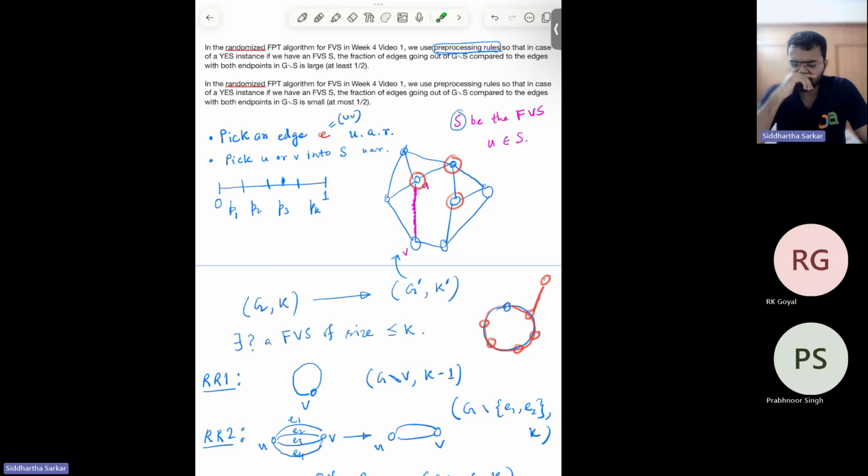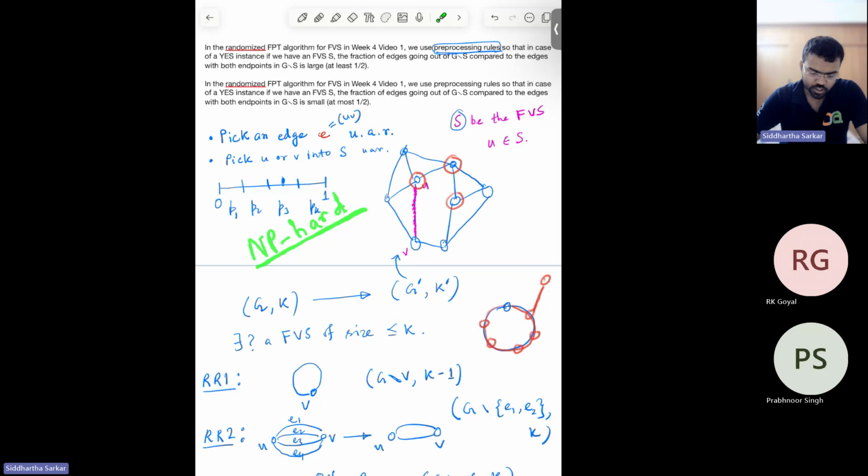So the thing is, whether or not we will get a feedback vertex set by applying the greedy rule is not clear. Since it's an NP-complete problem, it is not possible to find a polynomial time algorithm, and the greedy algorithm runs in polynomial time.